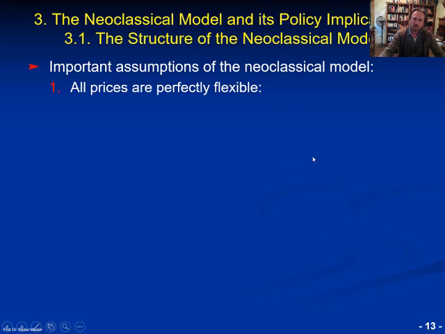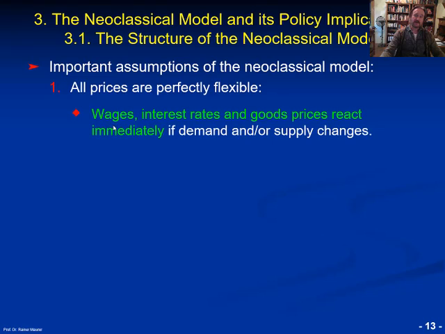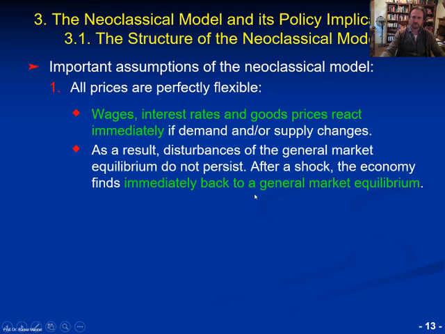The first important assumption is that all prices in the economy are perfectly flexible. Wages, interest rates, goods prices react immediately if demand and/or supply changes. As a result, disturbances of the general market equilibrium do not persist.